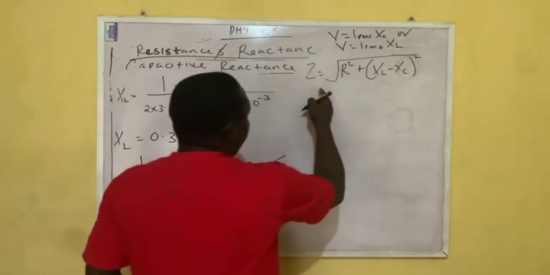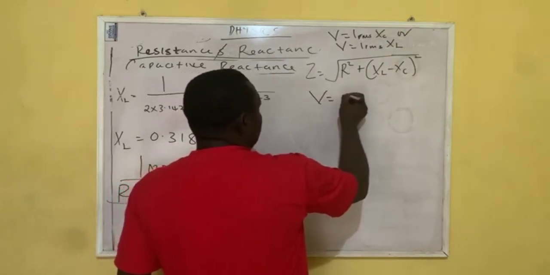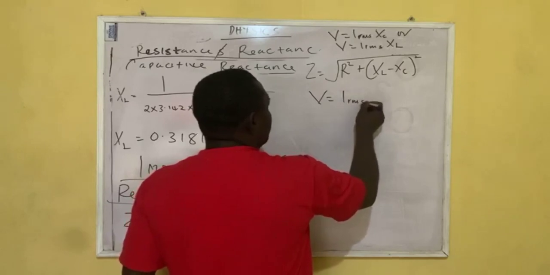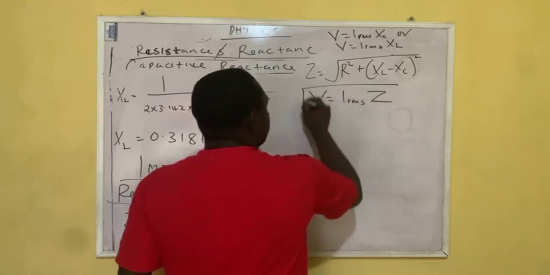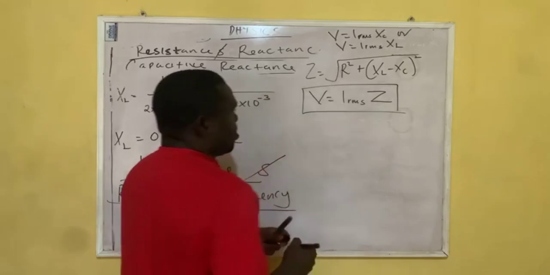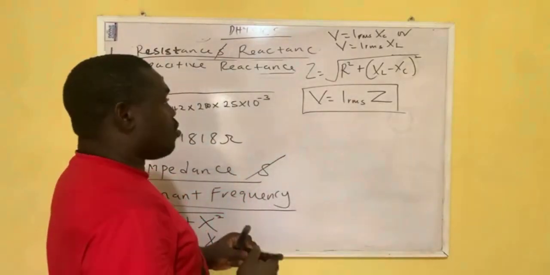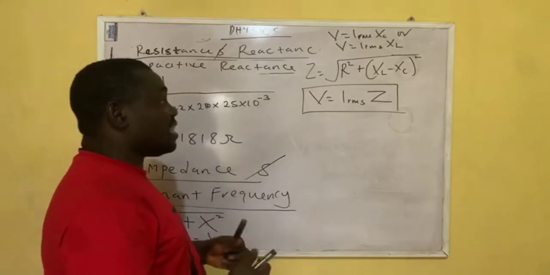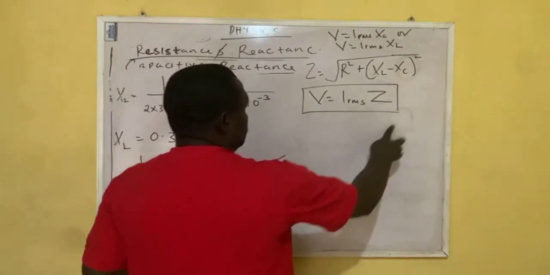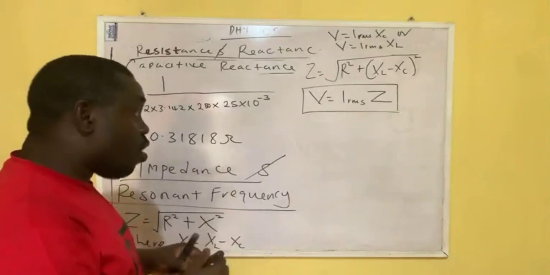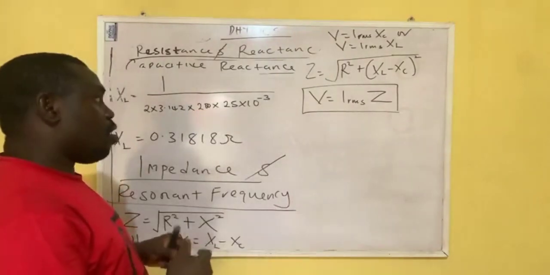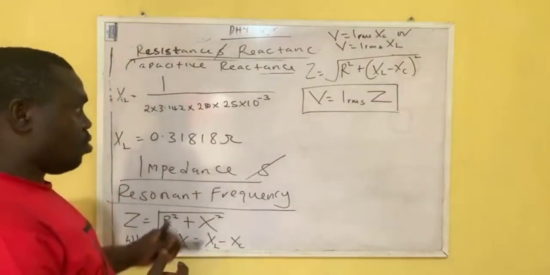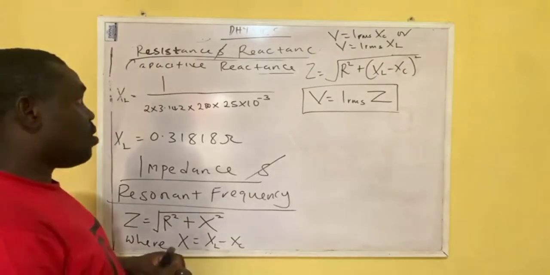Since we have impedance, it will not be wrong for us to write something like this, multiplied by impedance. Remember I said that impedance incorporates the resistance, capacitive reactance, and inductive reactance. It incorporates all, so it is the overall opposition to the flow. So you have this now.